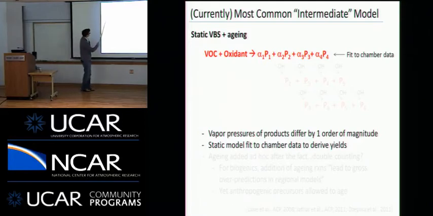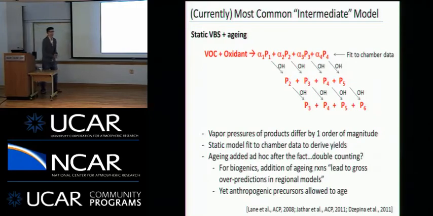So we have a VOC plus an oxidant again. It's going to give us maybe four products again. And rather than these being static, we can have reactions. Here, say, OH is going to react with this product, and you can turn product 1 into product 2. Product 2 can go to product 3. We just keep moving down this chain over time.